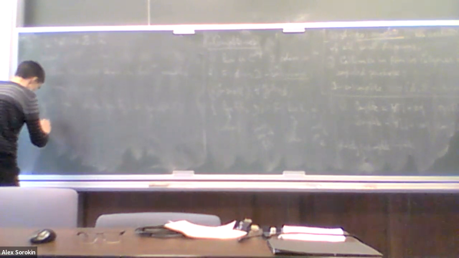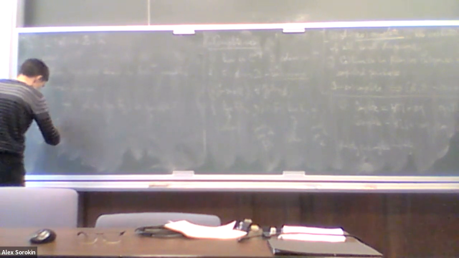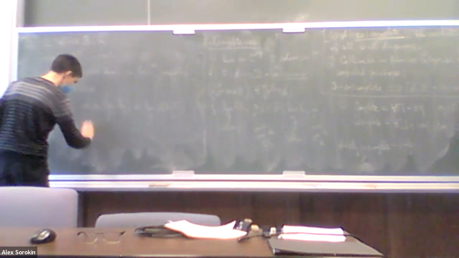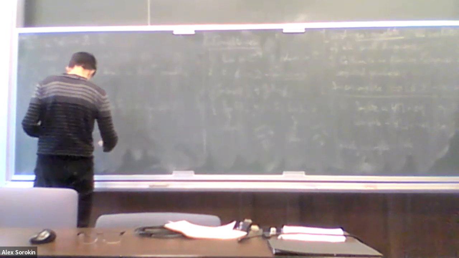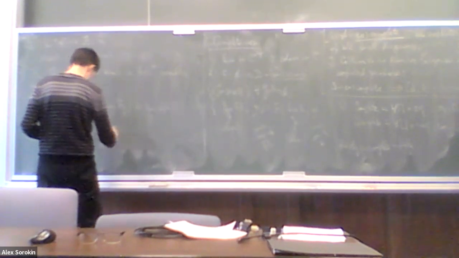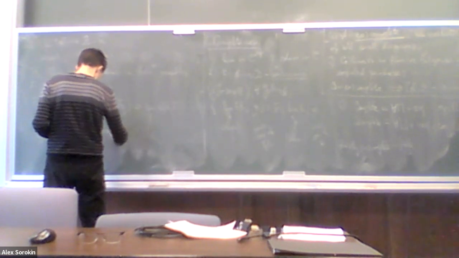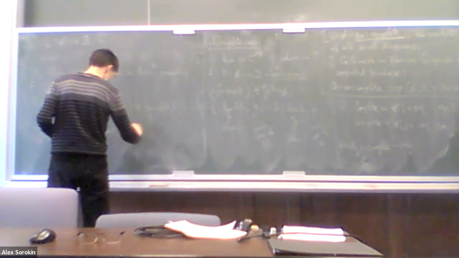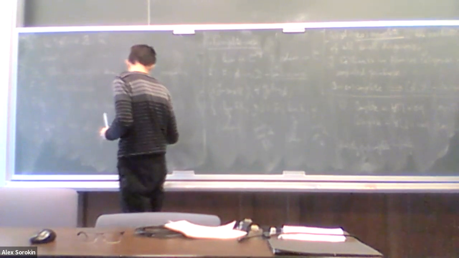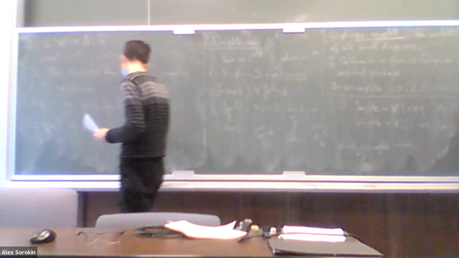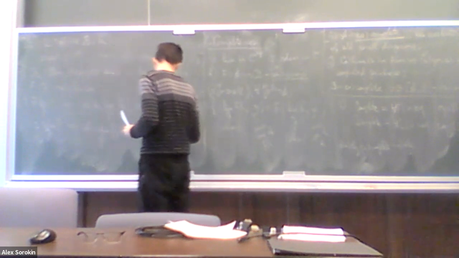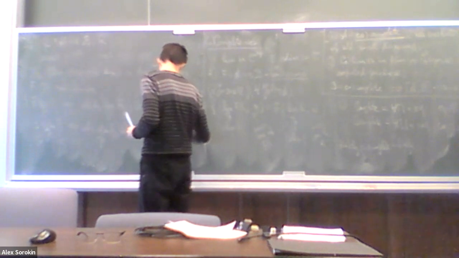Second, if there exists co-limit of functor F over J, then Hom of co-limit over J of F, comma a, is the same as limit over J of Hom of F sub J, comma a.